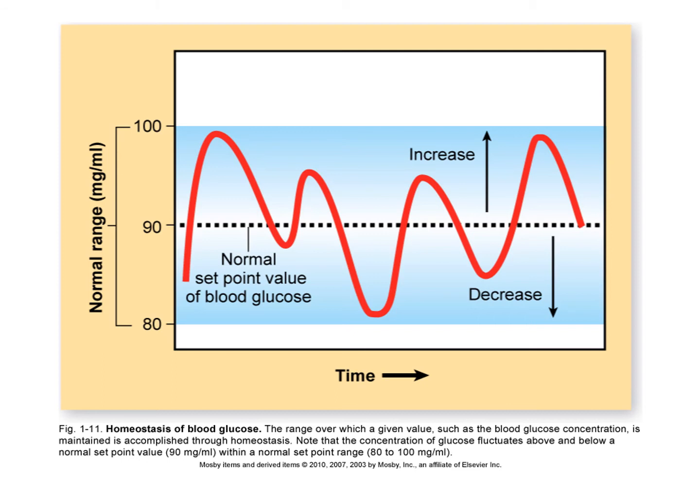Now, the set point, sort of the average normal blood glucose level, would be indicated by the dotted line down the center, which is about 90 milligrams per milliliter. Now, as blood glucose goes up, homeostatic processes will counteract and cause the blood glucose to drop again. And as the blood glucose gets too low, homeostasis once again will counteract that and cause our blood glucose levels to increase.